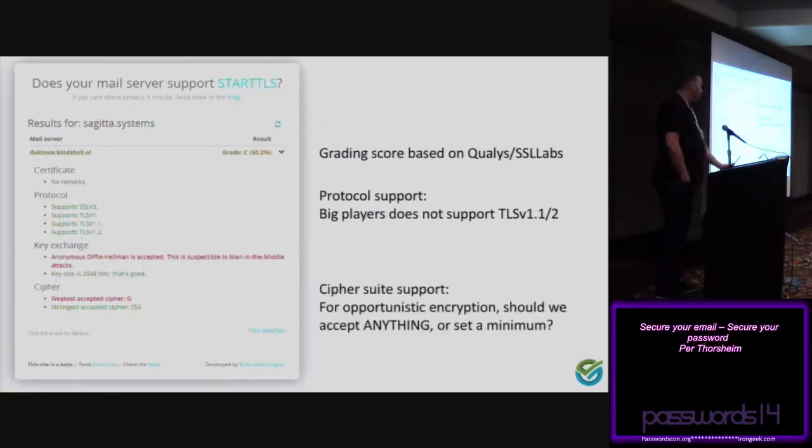And for Cypher Suite support, there's also discussion going on with lots of people. I tried sending a couple of emails to the Postfix users mailing list. And the big discussion is, no matter which Cypher Suites we support, any Cypher Suite will be better than plain text.